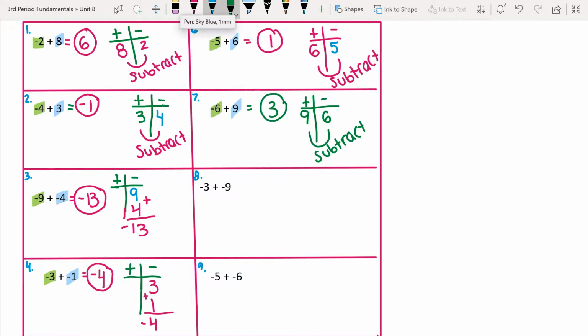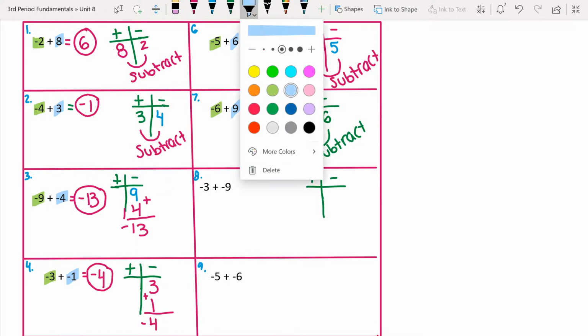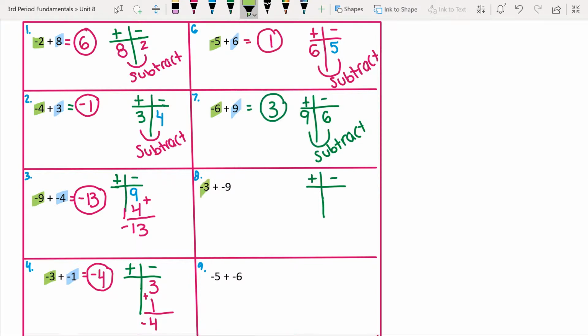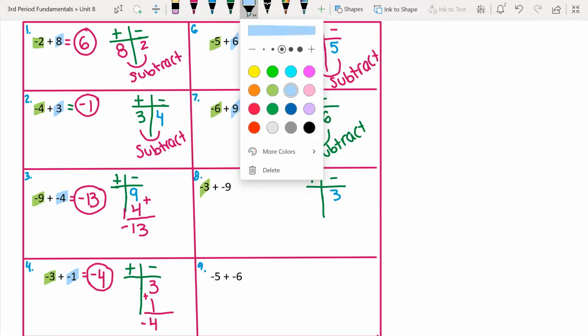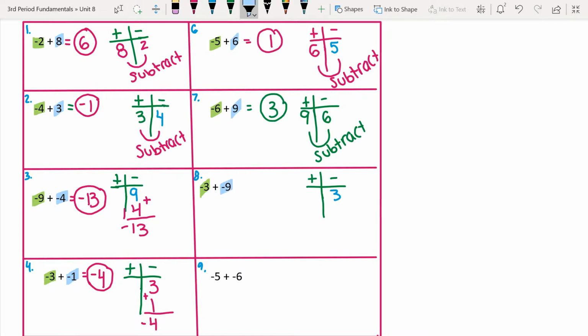Okay, let's try question 8. We have a positive and negative table again, every question. First number says -3, so on the negative side of my table, I'd have a 3. Second number is -9.